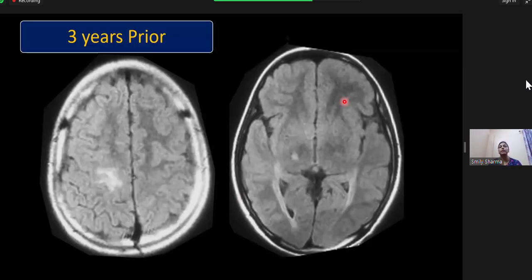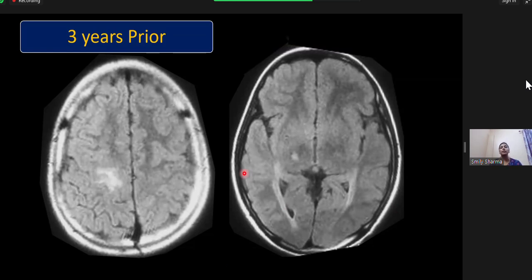So actually, this was the patient's image from outside films of the same patient. This patient initially presented only with involvement of the right-sided corticospinal tract and bilateral optic radiations. So that accounted for the asymmetry of the patient's involvement, that first the left side was involved and then the right side.